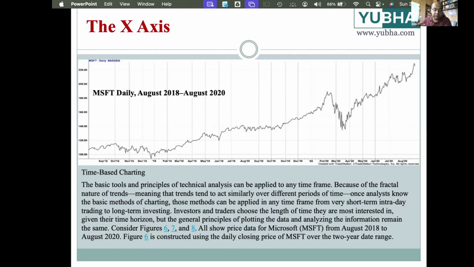So you can choose any time frame, you can choose any product that you want to trade, and the chart patterns will behave in the same manner. The key is that as long as you understand how the pattern behaves, you can trade any particular time frame, you can trade any particular security, even bitcoin.